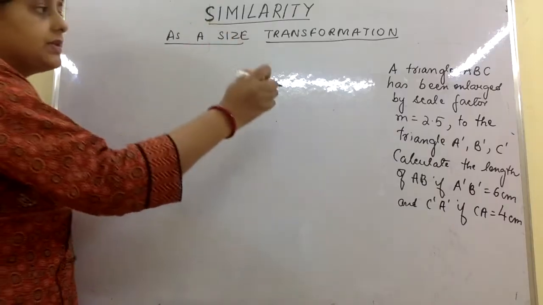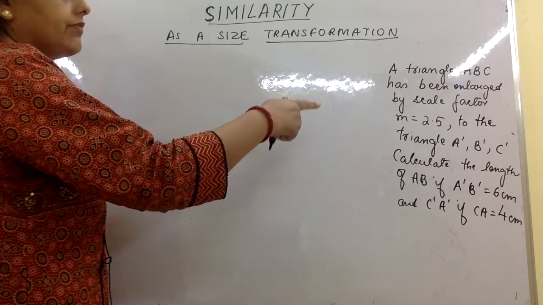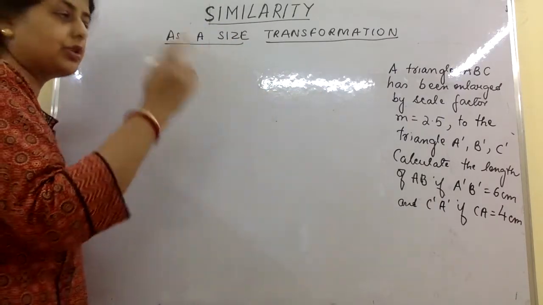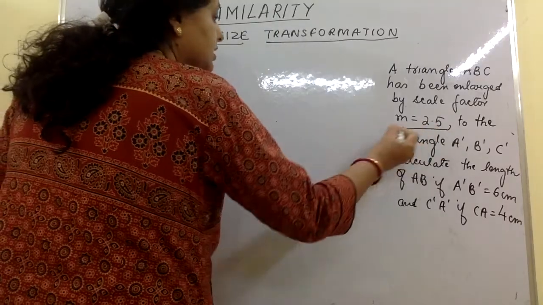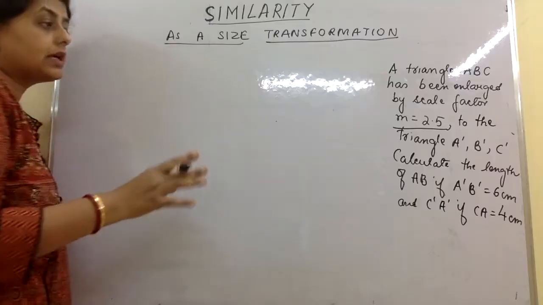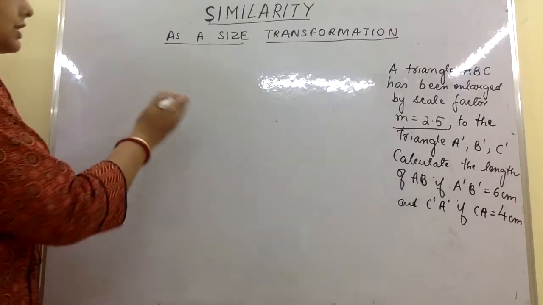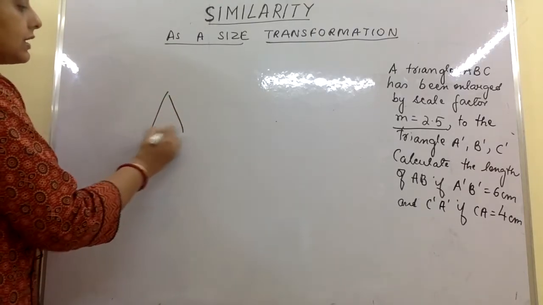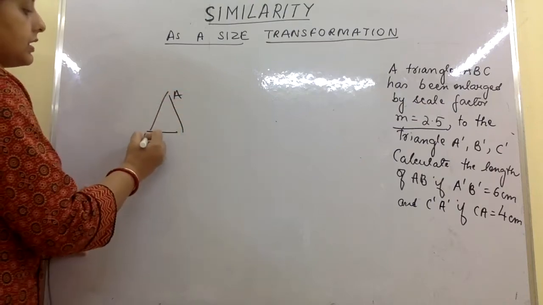A triangle ABC has been enlarged by scale factor m = 2.5. You don't have to bother too much about this; in place of k, they have given m.